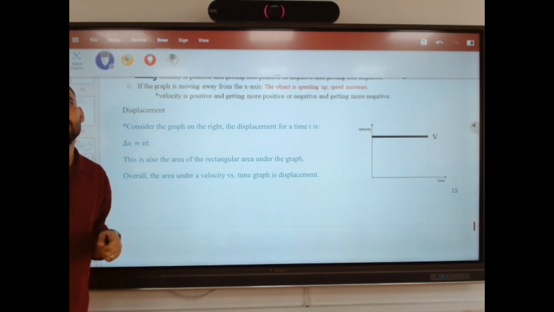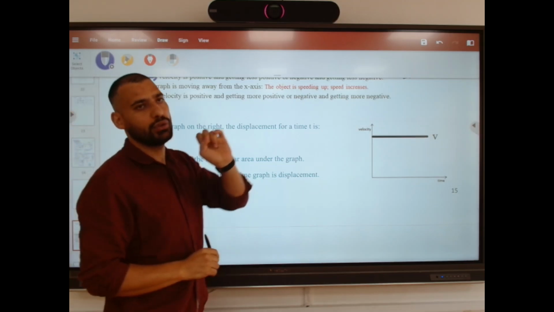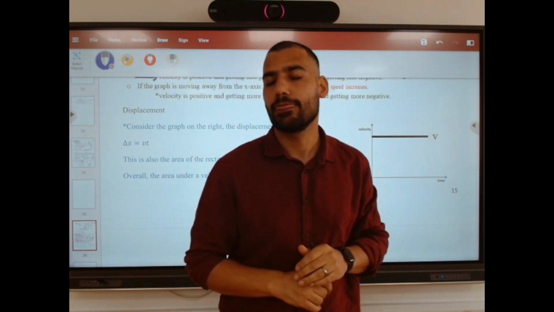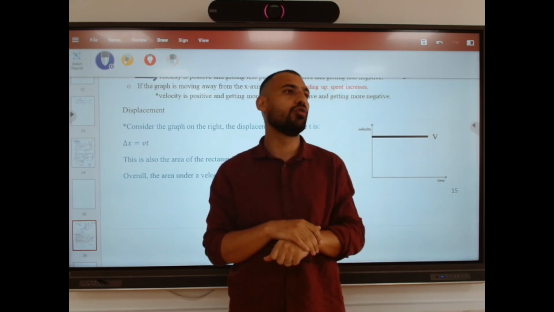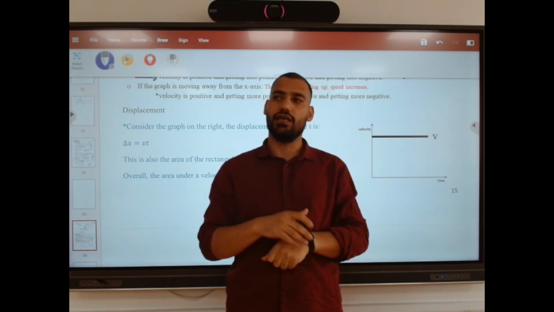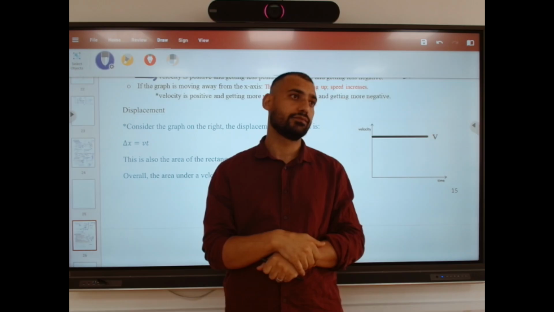Okay, now very important thing. From velocity time graph, you get two things. How many things? First, from the slope you get acceleration. From the slope, what do you get? But if you take the area of velocity time graph, what? Area.